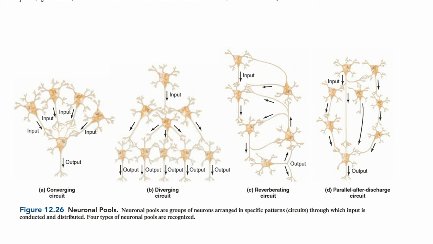The way the nerve impulse propagates is shown by the black arrows. So the black arrows are showing the direction of the nerve impulse. Okay, so there is a converging circuit, then a diverging circuit, a reverberating circuit, then a parallel after-discharge circuit.